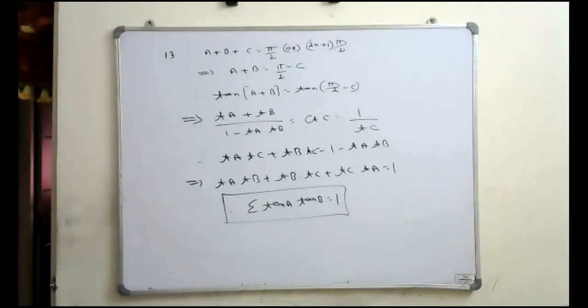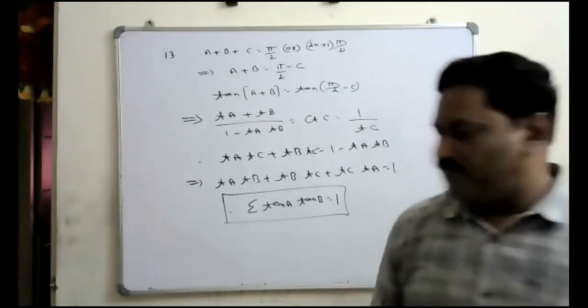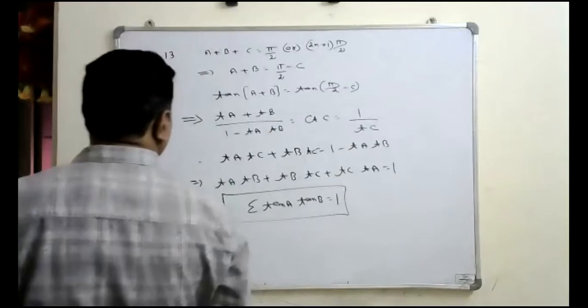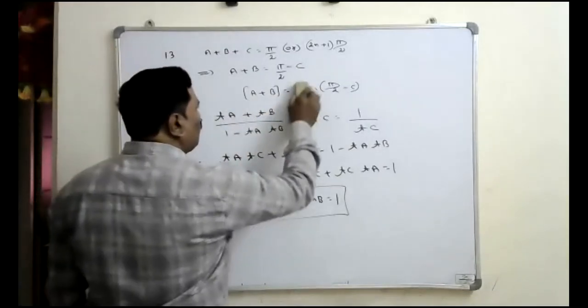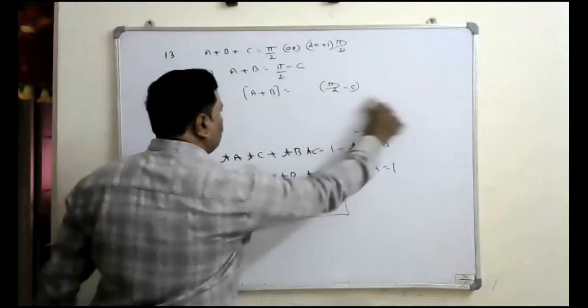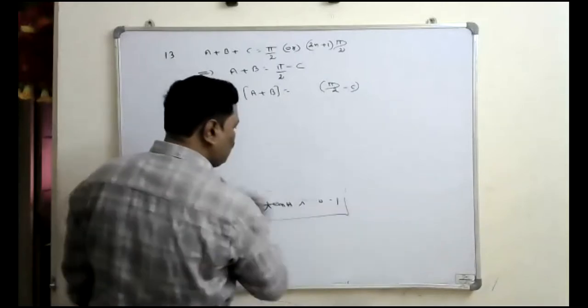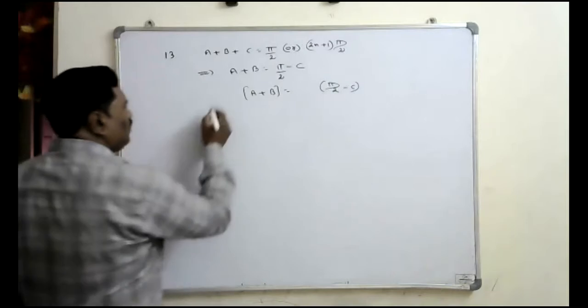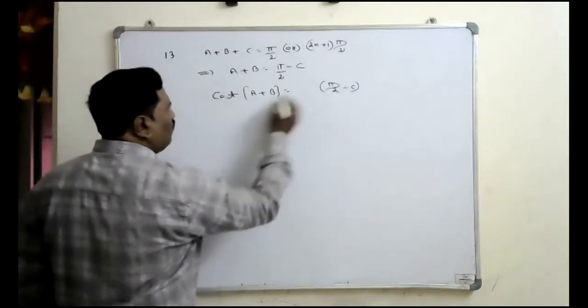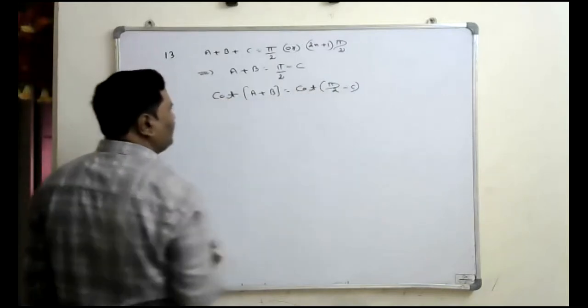Next, similarly, for the same condition, we will see the result in terms of the cot. We will apply the cot on both sides. Then cot of a plus b is equal to cot of pi by 2 minus c.